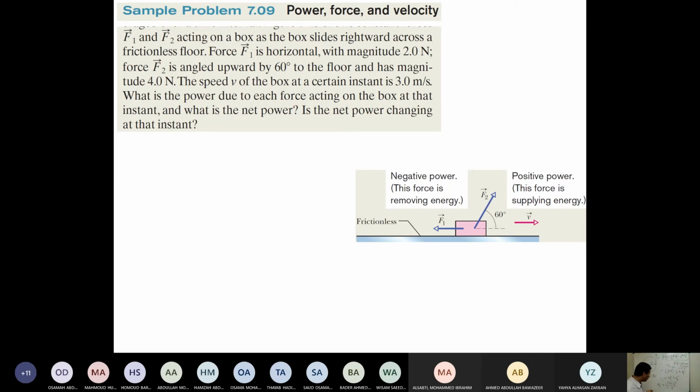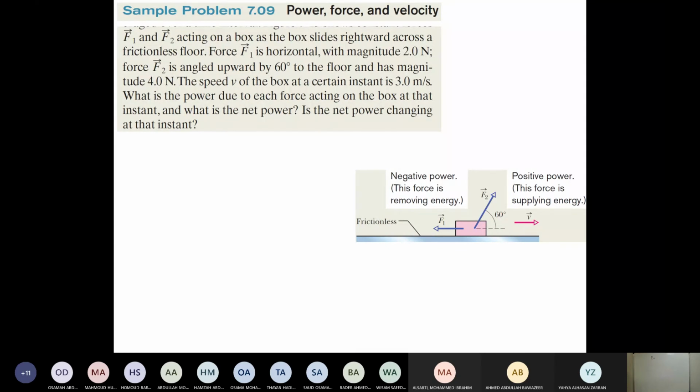So we need to first understand the force, then determine the power for the first force, then power for the second force, and then once we know the two, we can combine them. You guys need to help me here.